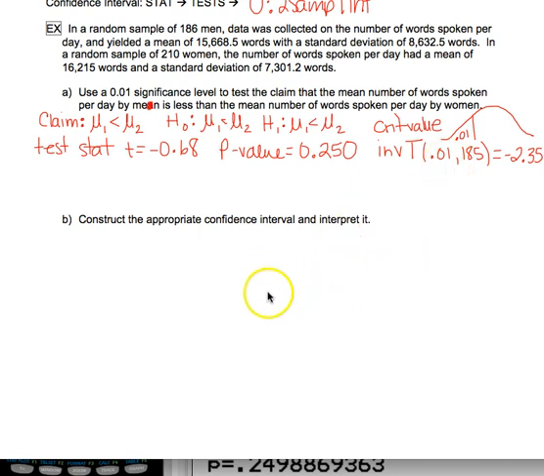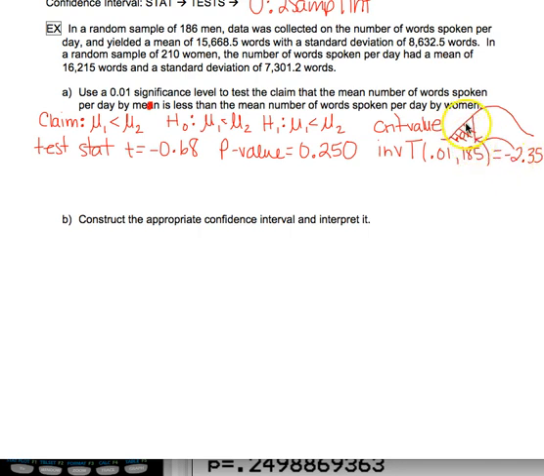All right, so now we need to make a decision about our null hypothesis. Again, here I've chosen just to give you both methods, just so we have practice with both in this set of notes. So, critical value method. Remember that the rejection region in this case, because it's a left-tailed test, is on the left side here. So this value right here is negative 2.35.